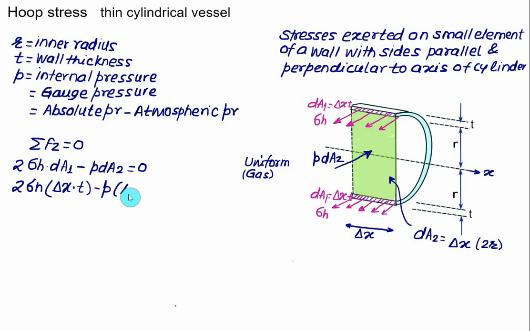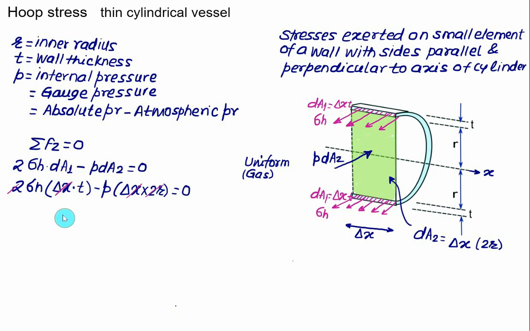So we have delta x multiplied by 2 times radius r, and this sum must equal to 0. So 2 will get canceled here. Secondly, the delta x is also canceled here. So we have sigma h multiplied by t is the same as P into r.